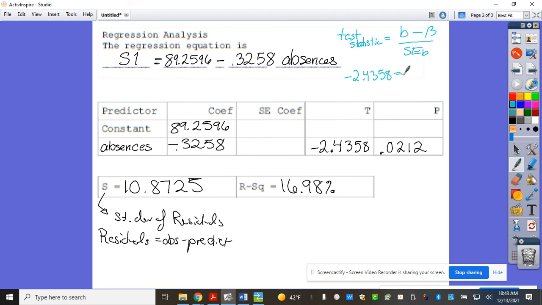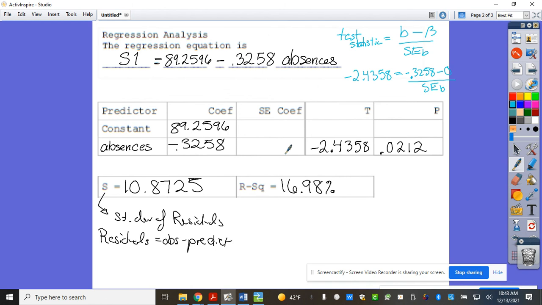Do we know what this is? Which is the negative 0.3258. Do we know what beta is? What we used as beta? So can we actually do a tiny bit of algebra and figure out what this actually is?